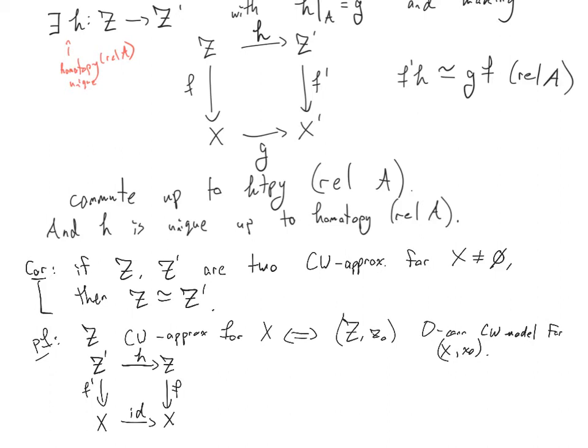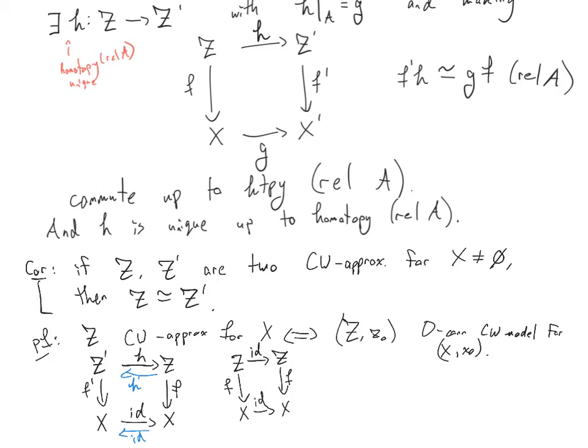So we can lift the identity map to a map between these, but we can also lift, and I will do this in blue, the identity map going the other way to another map. Let's just call this H prime. And then, because of uniqueness, we can also lift the identity map from X to X using the same model. So, as a map from Z to Z, there's a pretty unique way to extend this up to homotopy.